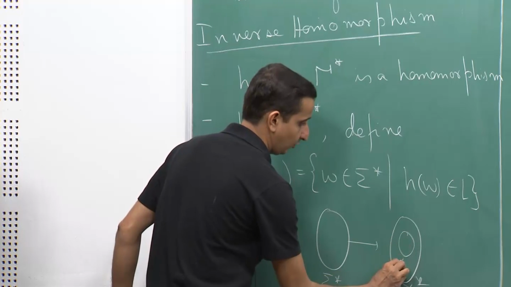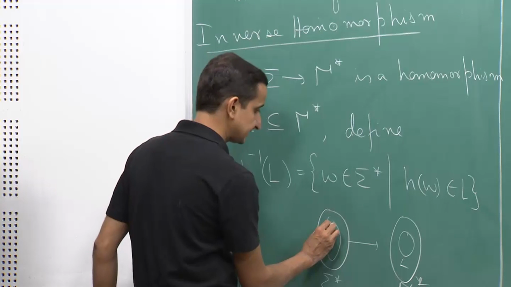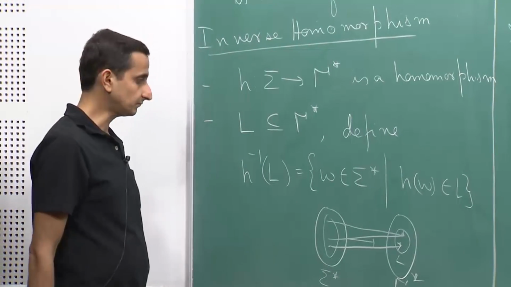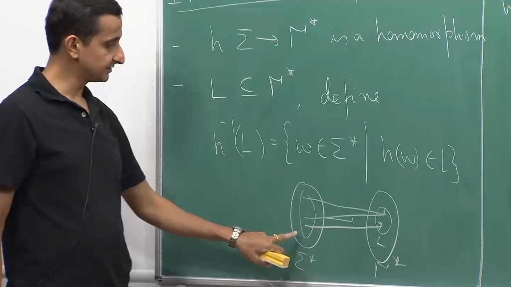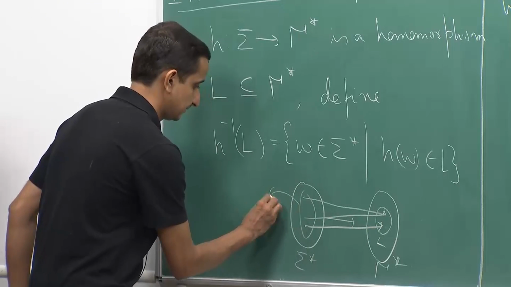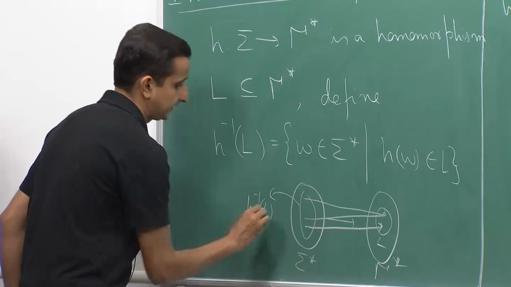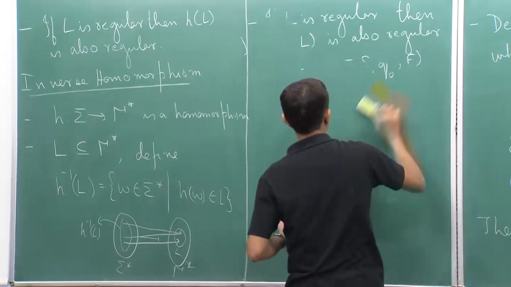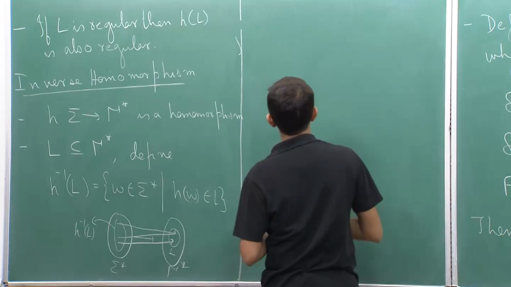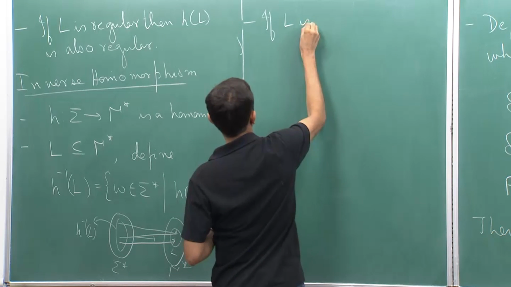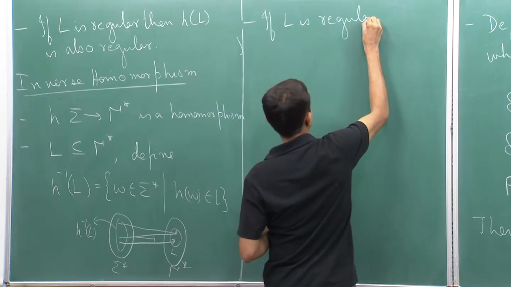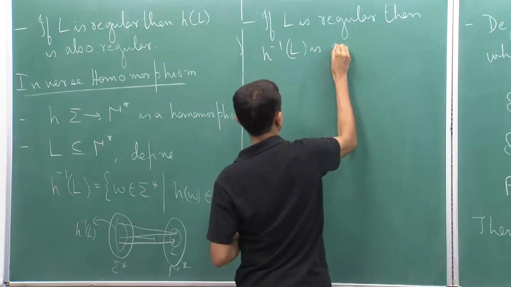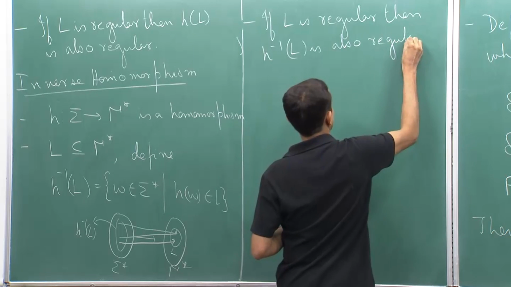So if I take a language L over here, look at all the strings that map to some string in L. So, the collection of all the strings which map to some string belonging to L is the language H inverse of L. And what we again can prove is that if L is regular, then H inverse of L is also regular.